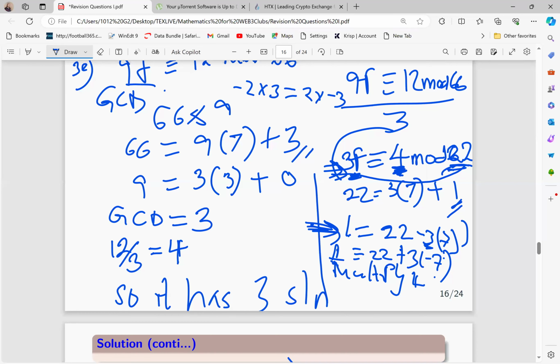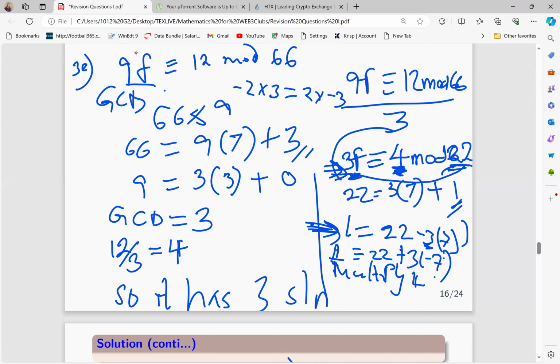So why I'm switching to -7 at this point is because my 3 is in the equation here and is positive. So I want to maintain it as positive.